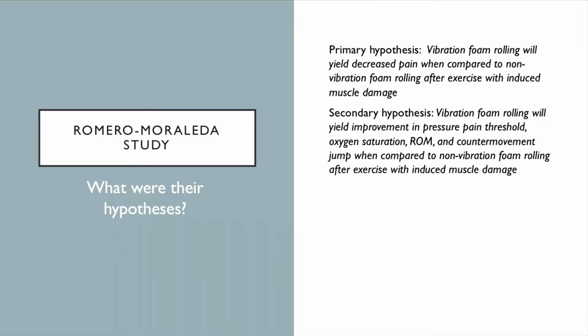And those would be in either all separate hypotheses, or you could lump them together into one, which would be stated something like vibration foam rolling will yield improvement in pain pressure threshold, oxygen saturation, range of motion, and countermovement jump when compared to non-vibration foam rolling after exercise with induced muscle damage. The induced muscle damage isn't a variable, but it is a condition that's very important to understand this study.